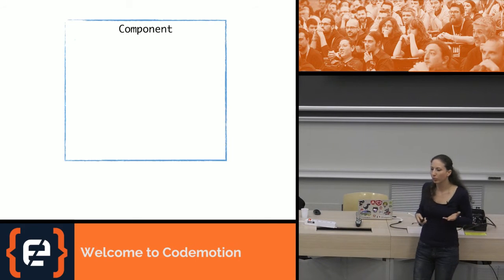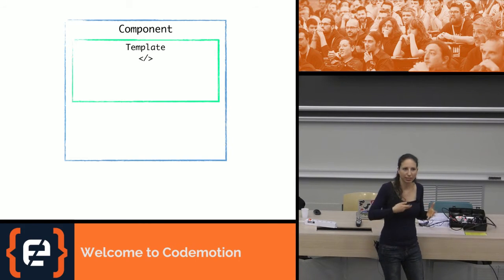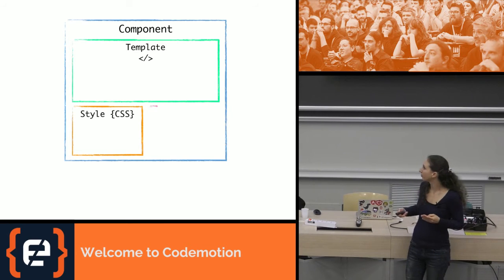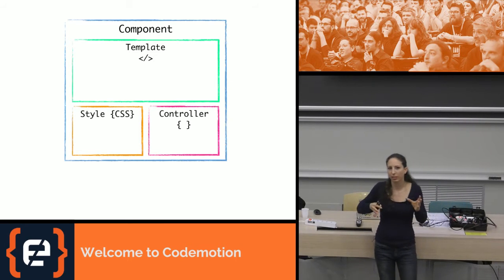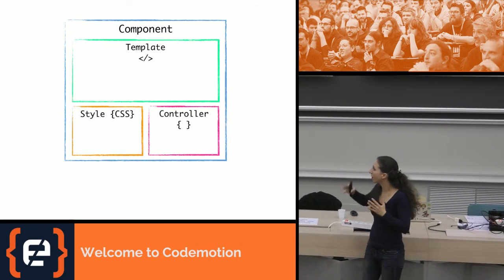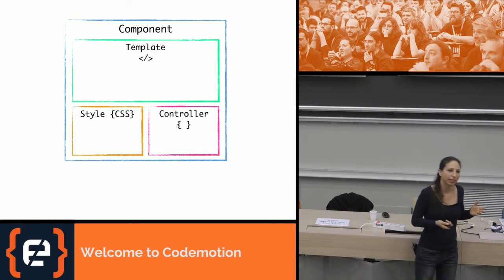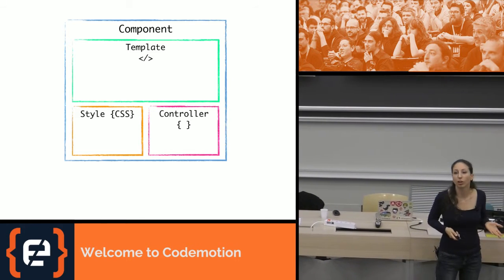Okay, so let's look at what it is that we have inside one component. A component is composed mainly of these three parts: a template, its style, and the controller.